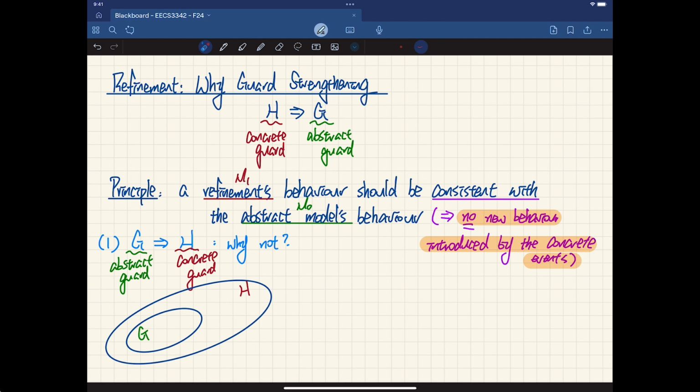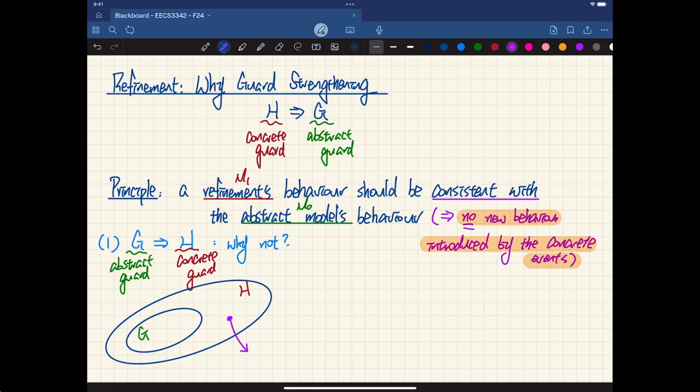Having this relation hold is going to be problematic because it's going to violate the principle over here. The principle says there should be no new behavior introduced by the refinements. But by allowing this, we're going to allow some new behavior to be introduced. That's a violation.